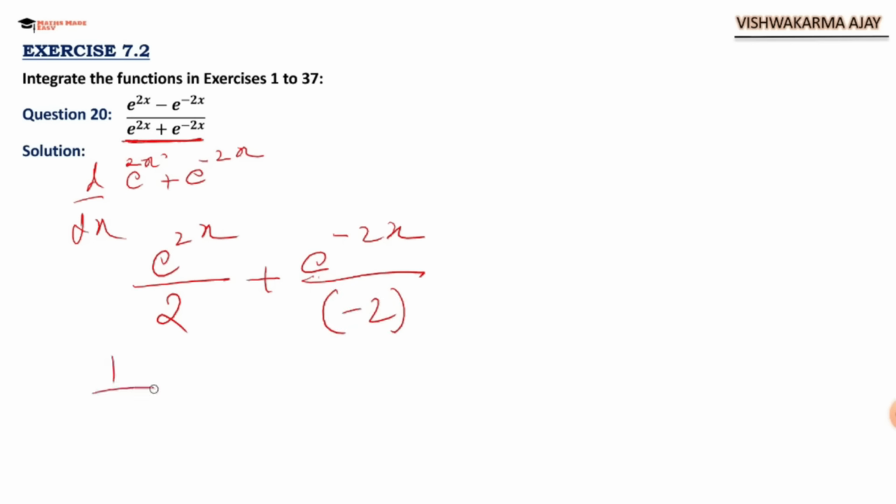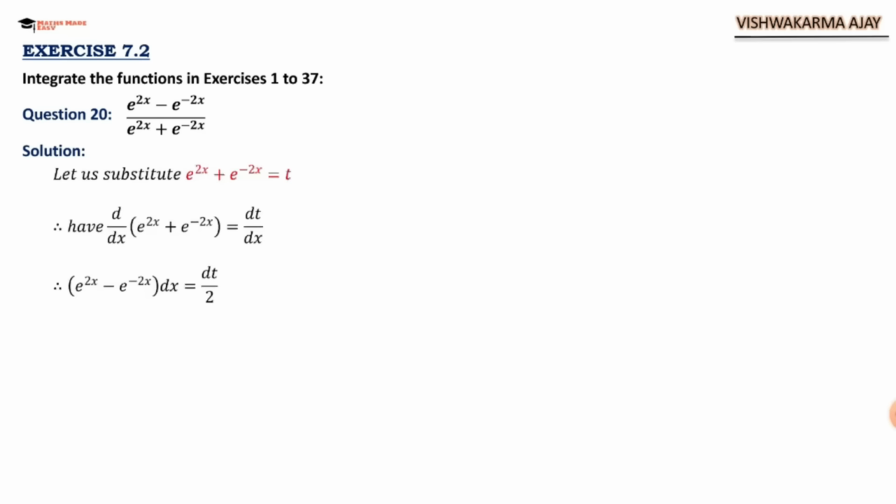Later we can take 1 upon 2 common, and e raised to 2x minus e raised to minus 2x dx is equal to dt upon 2.